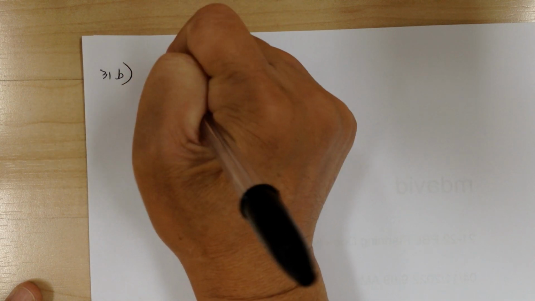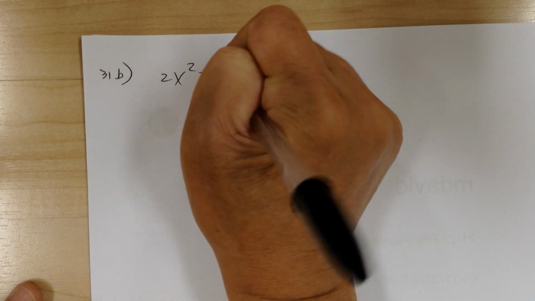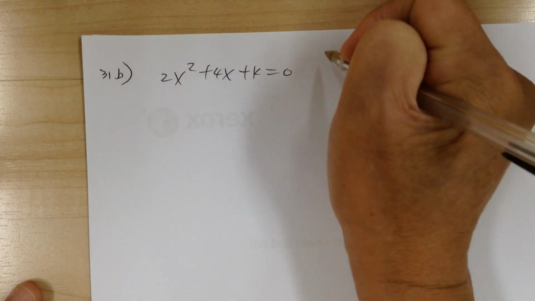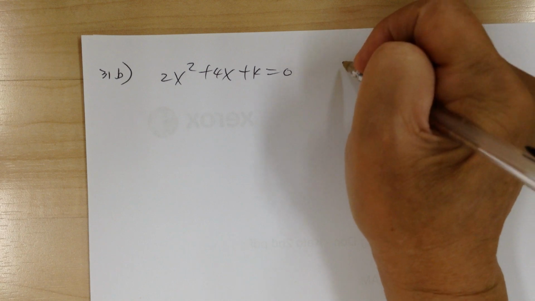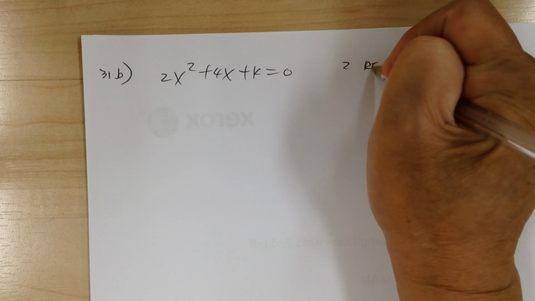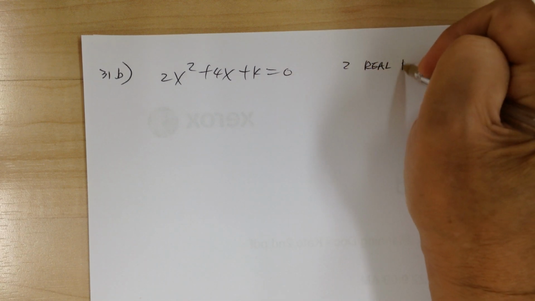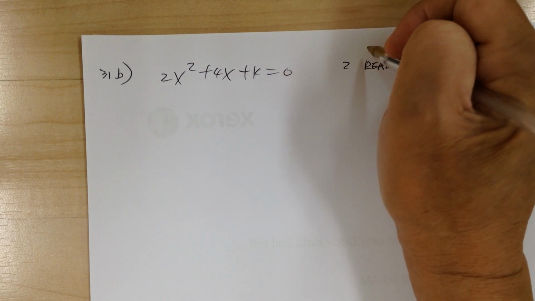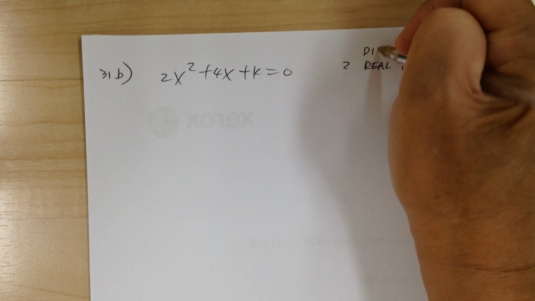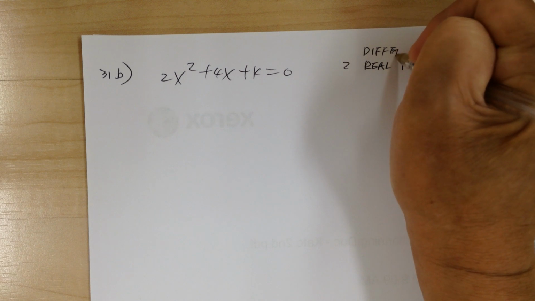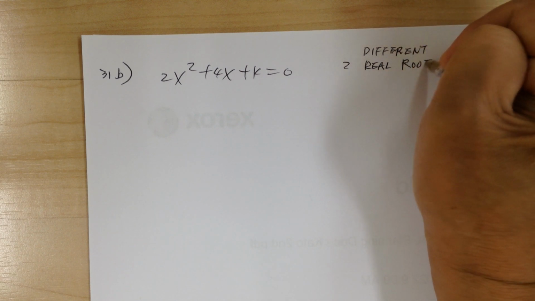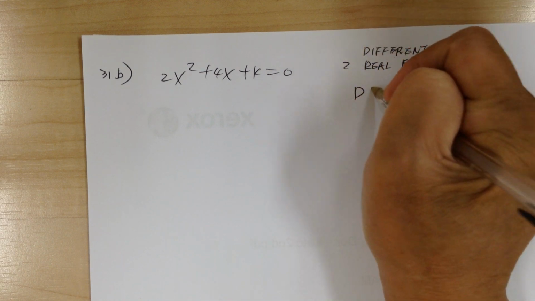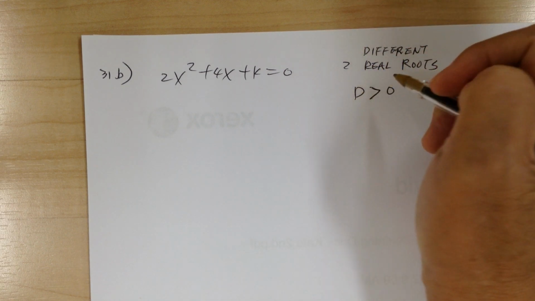Okay, so again, you got 2x squared plus 4x plus k equal to 0. And now b, you got two different real roots. Okay? So you got two different. So that is important, different. Okay, that means d is greater than 0. Okay?